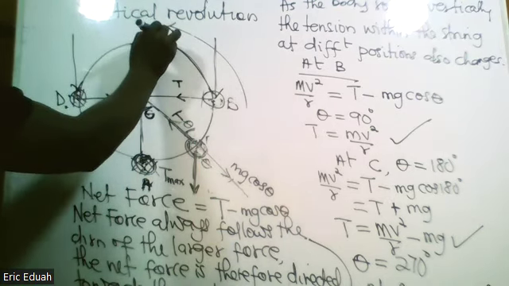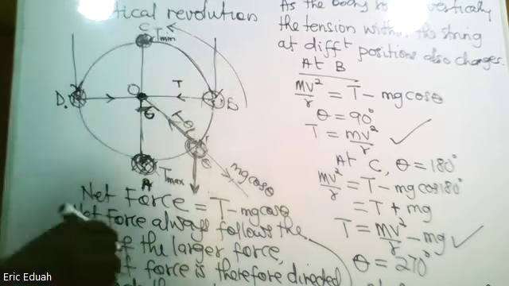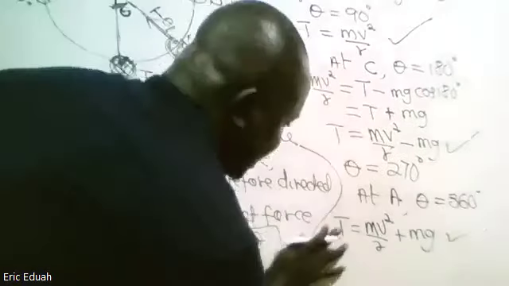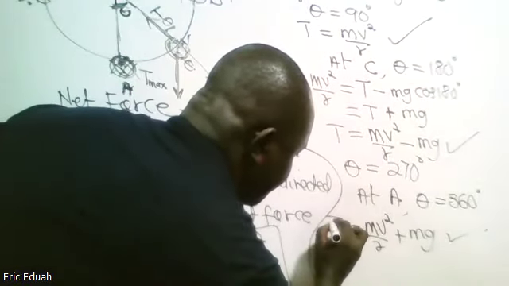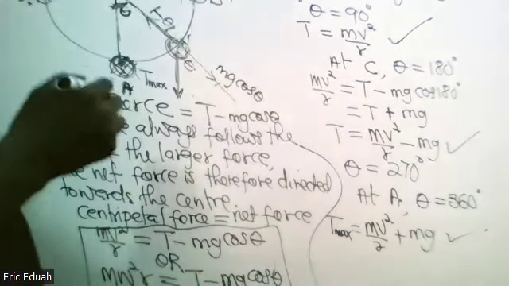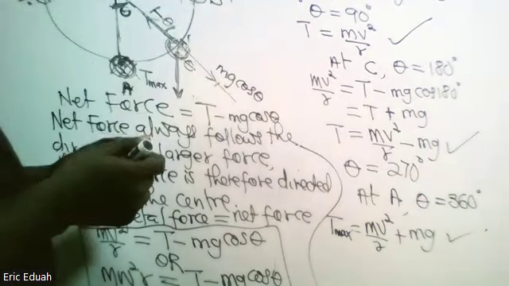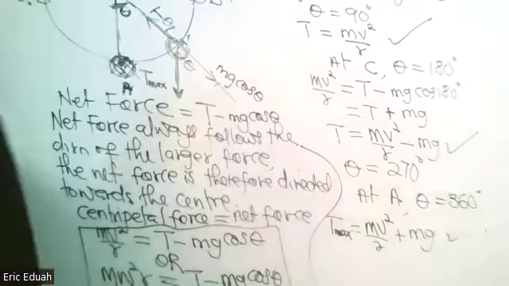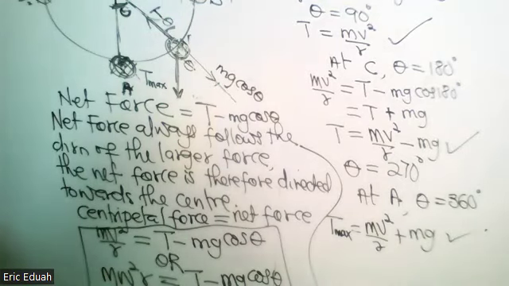minimum tension occurs there. Look at the expression for T. This T at A gives us T maximum. So T maximum is equal to mv squared over r plus mg.